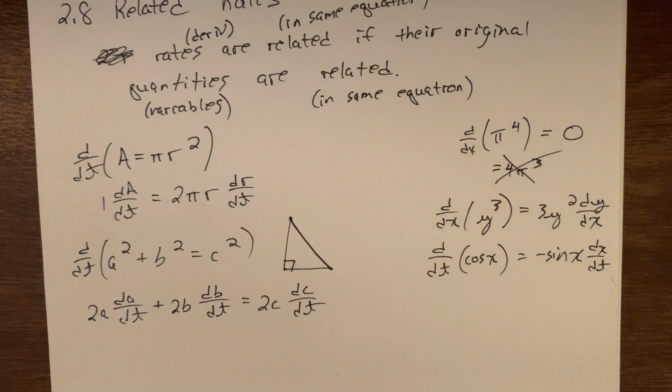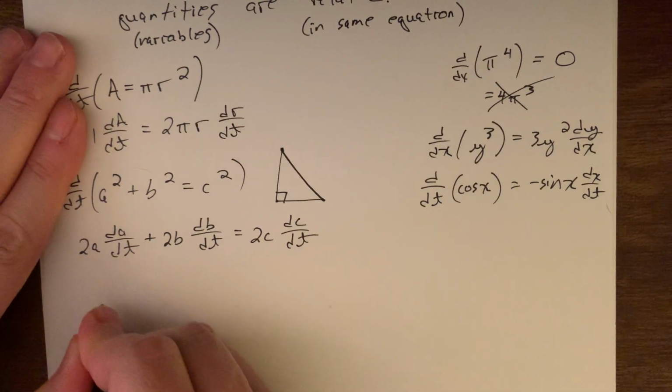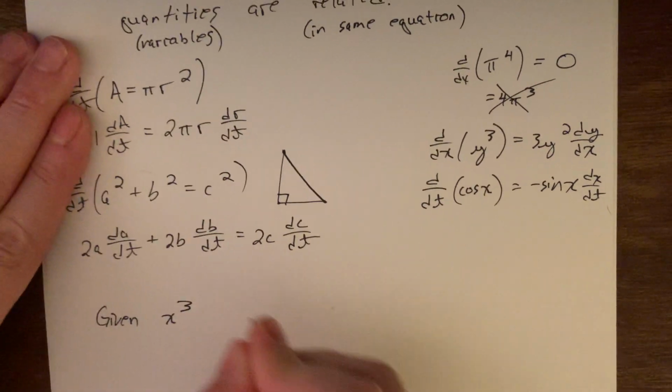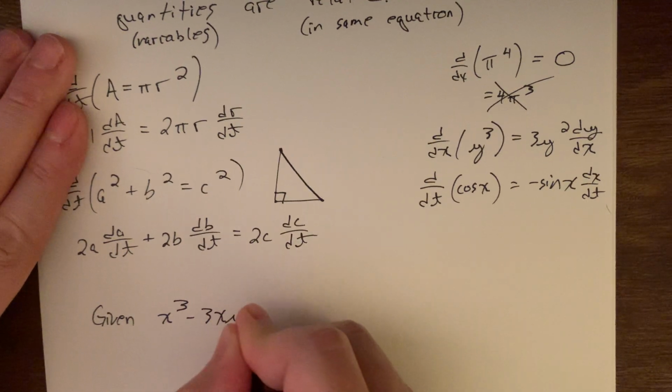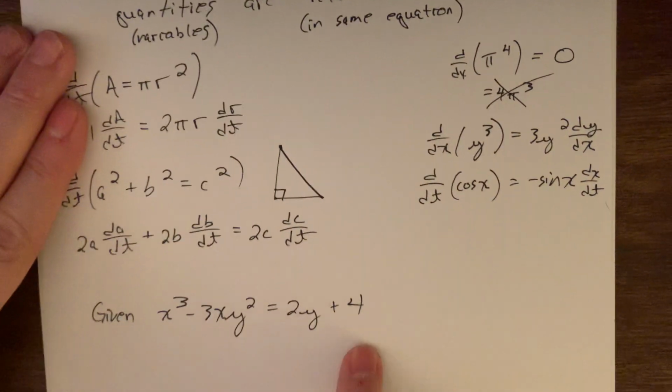So now I want to jump right in with a problem. And this first one, we keep talking about word problems and applications. This first one is really just implicit differentiation, but embracing t. So let's jump into a problem. We are given the equation x cubed minus 3xy squared equals 2y plus 4.